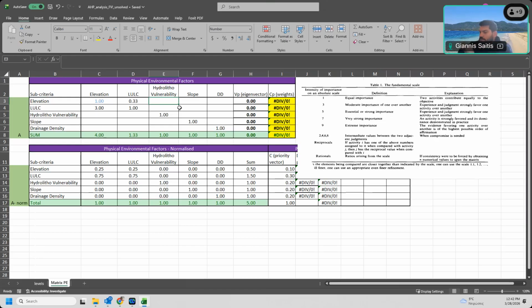Also, you have to keep in mind on which altitudes we have more floods, higher or lower altitudes.